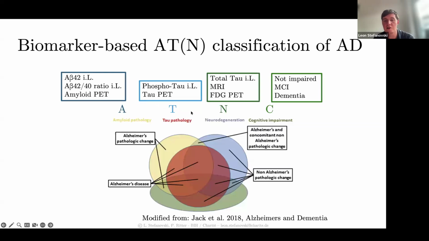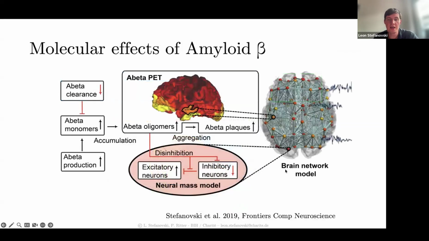This classification allows, for example, to describe a patient who has changes with amyloid and tau, but is still cognitively normal and has no dementia, or is just at the stage of mild cognitive impairment, which is very helpful because, for example, in a study, we need to identify these patients because we want to know: do they develop dementia later, or do they have a protective factor, among many things that can affect this.